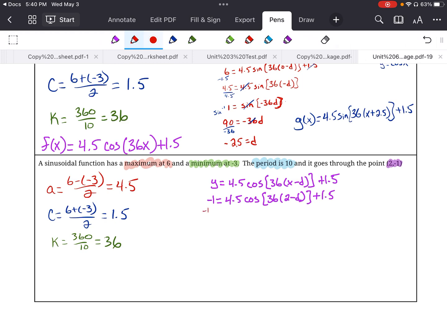Okay, we get rid of 1.5. We divide by 4.5.